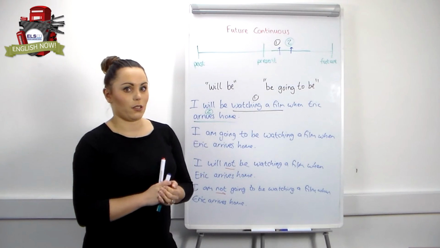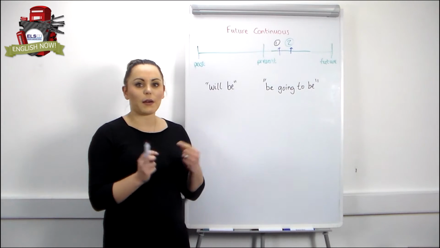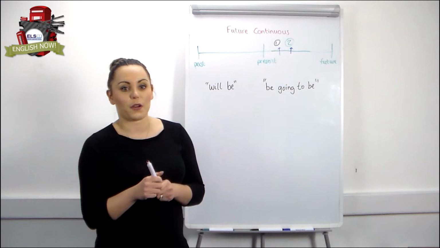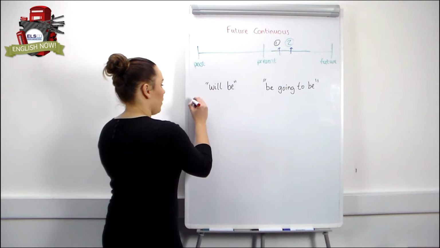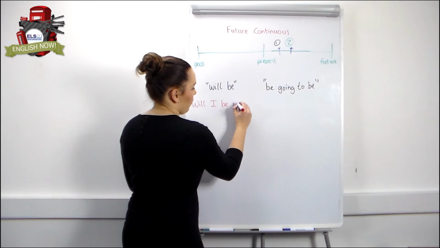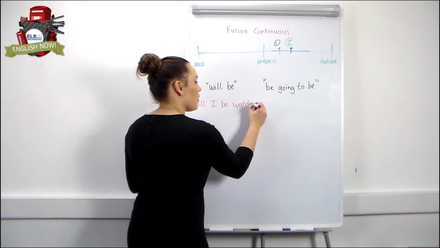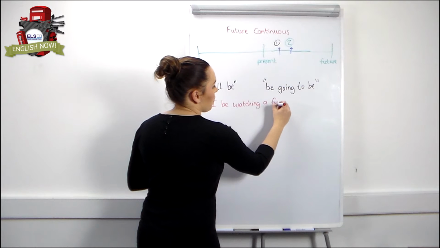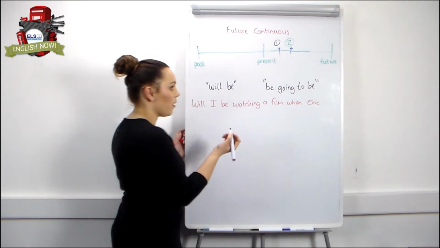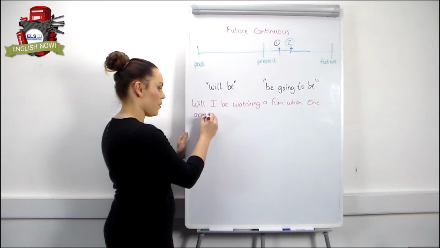Let's have a look at questions. So we've looked at our sentences as a statement and a negative. Now let's have a look at the question. Will I be watching a film when Eric arrives home?